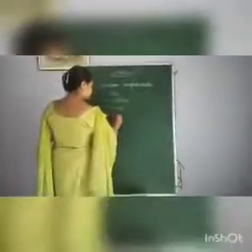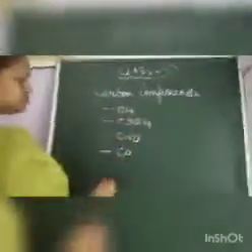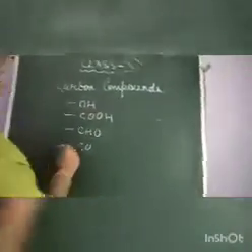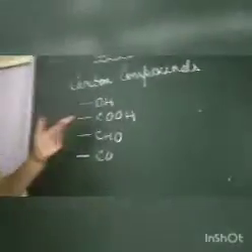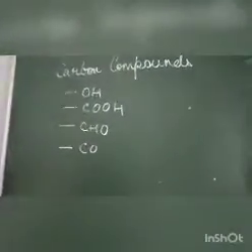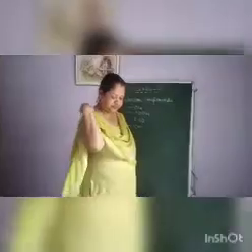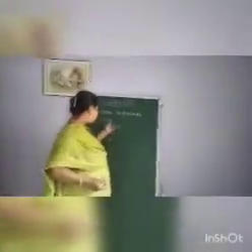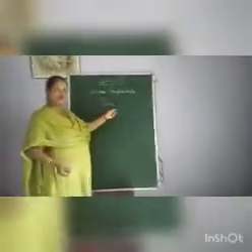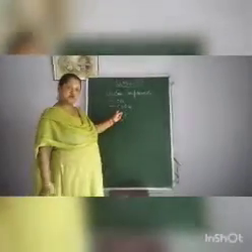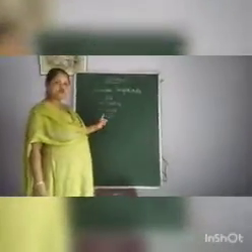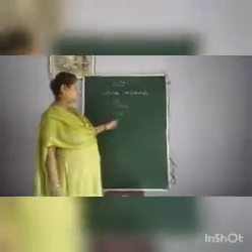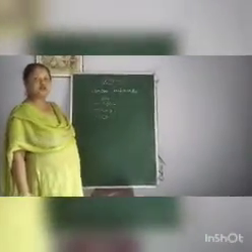For ketone it is CO. So when it is OH, it means it is an alcohol. When it is COOH, it means it is a carboxylic acid. When it is CHO, it is an aldehyde, and when it is CO, it is a ketone, right?